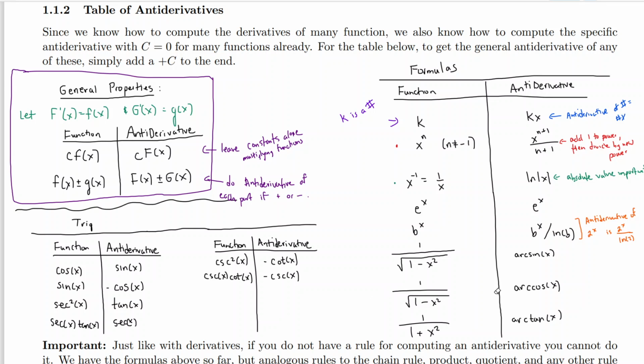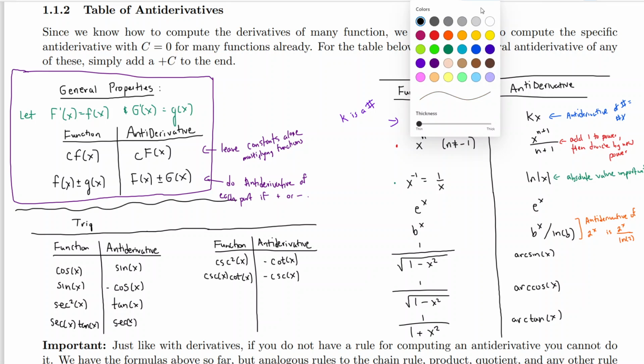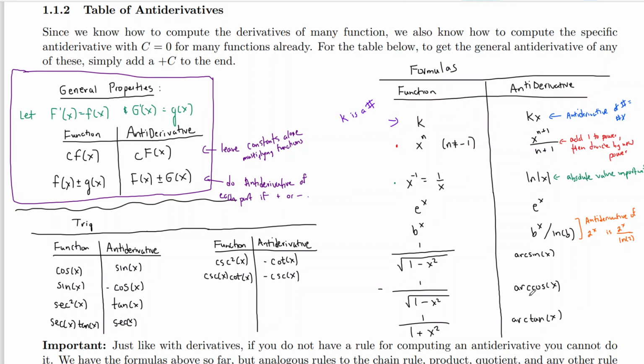So if I got rid of that, this would be arc sine. Well, what this is really saying is if I throw the negative on here, then I could say this is negative arc sine, but I could also say it's arc cosine. It's totally up to you whether, if you see this negative here, you think of arc cosine, or you more so think of negative arc sine. You can use either one.